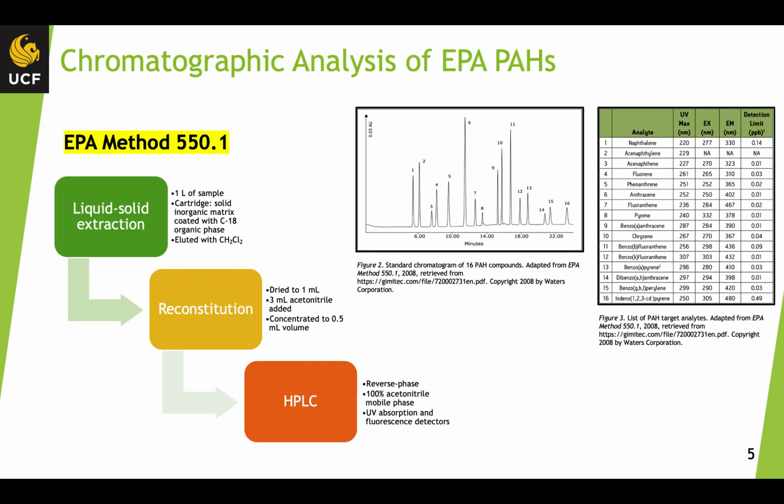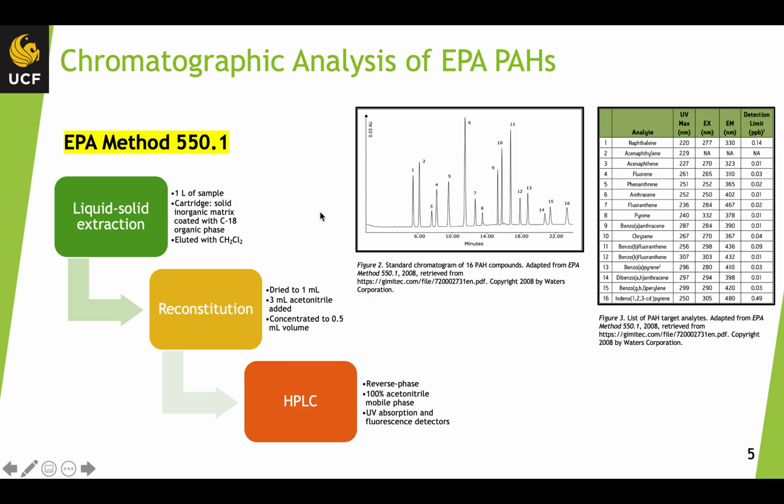Being that the EPA chose these compounds for analysis, they've also developed several chromatographic methods for these analyses, one of which includes EPA method 550.1, which involves the chromatographic analysis of PAHs in drinking water. And this method actually involves liquid-solid extraction to begin with.